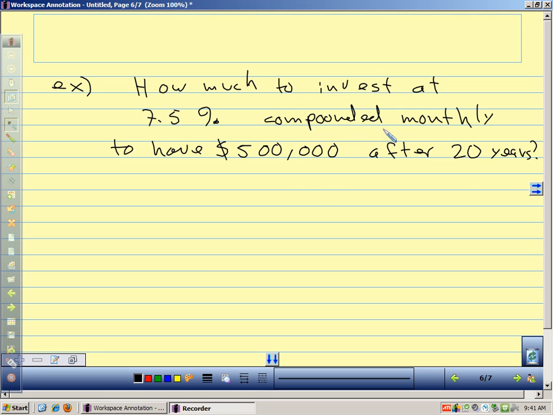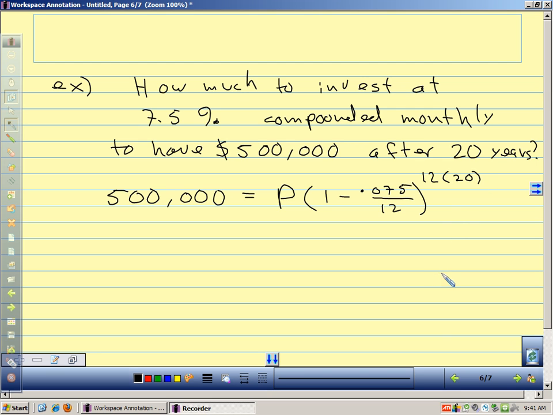So we're not compounding continuously. So we're going to say our amount, 500,000, equals some principal that we're starting with times 1 minus our rate as a decimal, interest rate, 0.075, divided by our compounding periods per year, 12, compounding monthly, to the 12 times 20.